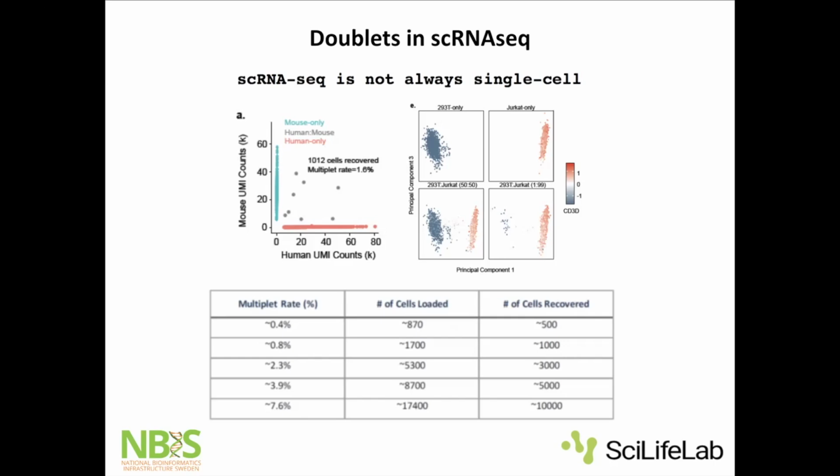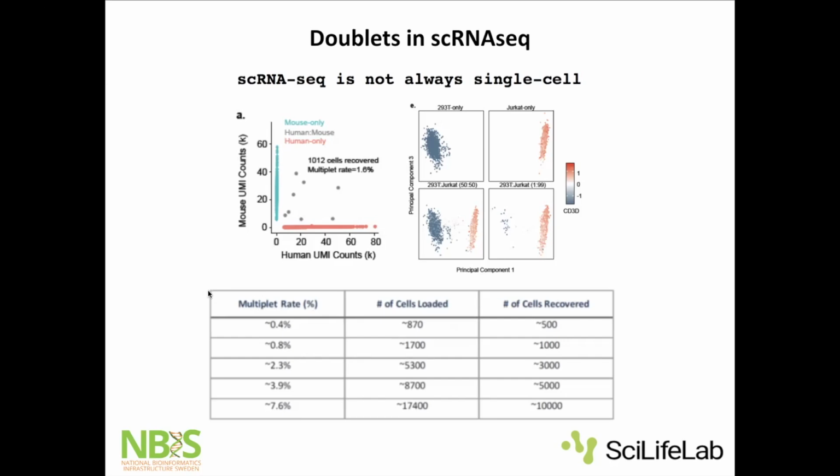With 10x, as it is just a limiting dilution, you flow in your droplets in one direction and your cells in another direction. And it's more or less a stochastic process where the more cells you load, the higher the proportion of doublets will be. And it's a linear increase.